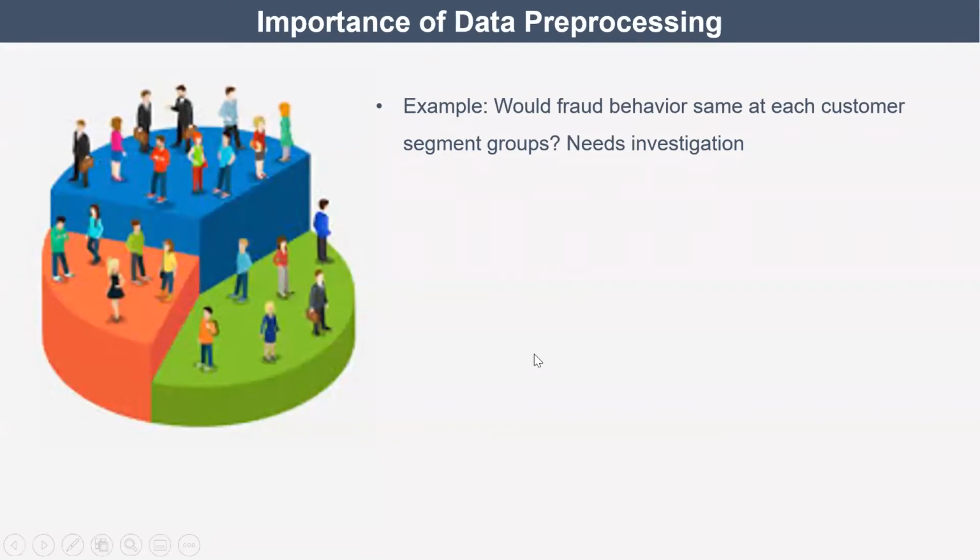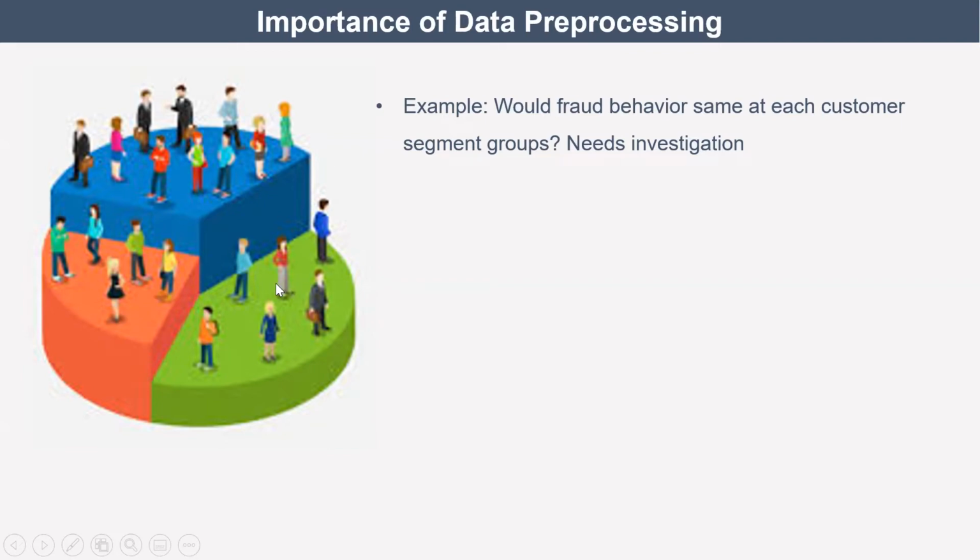An example of the importance of data processing could be, for example, if we have a customer segmentation that we have already done on customers, maybe using k-means clustering or in terms of demographics and spending behavior of customers.